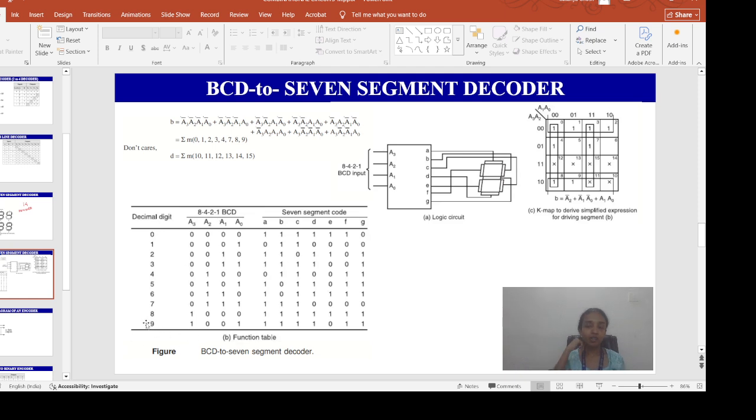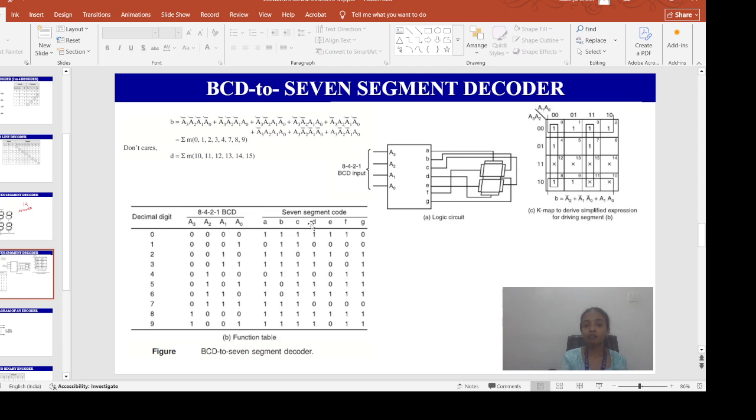So it gives you the decimal digit 9. Here 1 corresponds to 8, so decimal digit 8. Here 1 corresponds to 4, 2 and 1, that means 7. Here 0010 corresponds to 2, decimal digit 2.